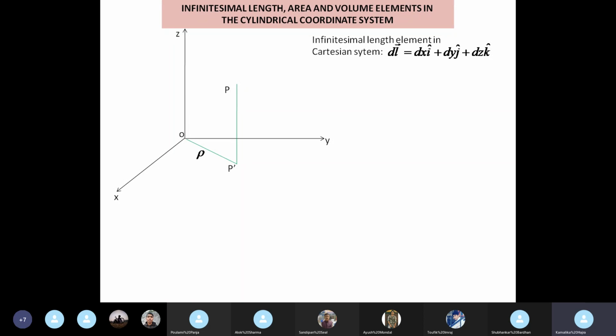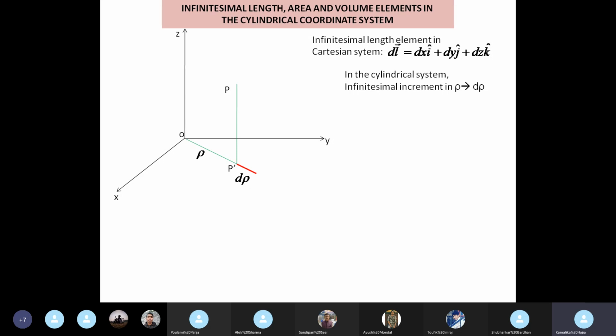Now if you want to give rho an infinitesimal increment, you increase rho by a very, very small amount. We denote it by d rho. We change the value of rho by an infinitesimal amount, so in the cylindrical system the infinitesimal increment in rho is d rho.